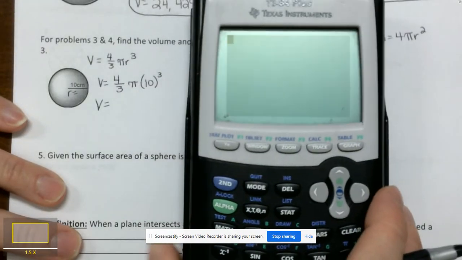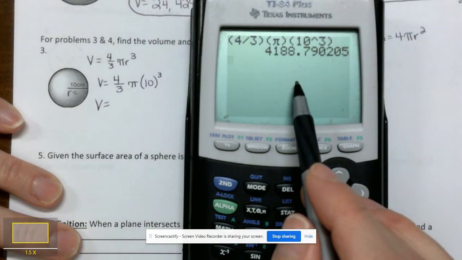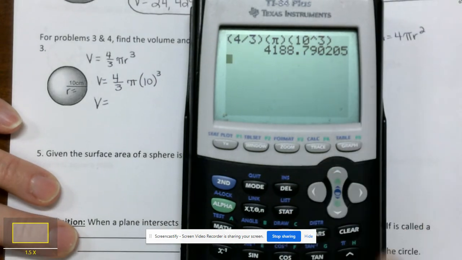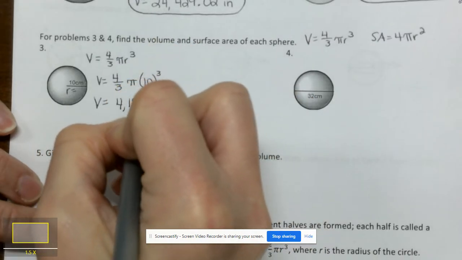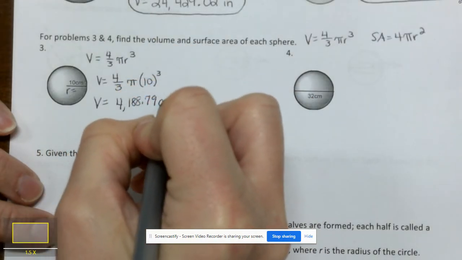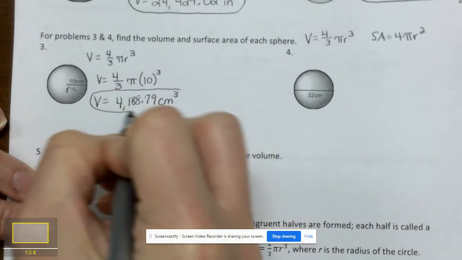We key in 4/3 times pi times 10 cubed. We get 4,188.79. Again, it's centimeters cubed because we're dealing with volume. So that's one of our answers.